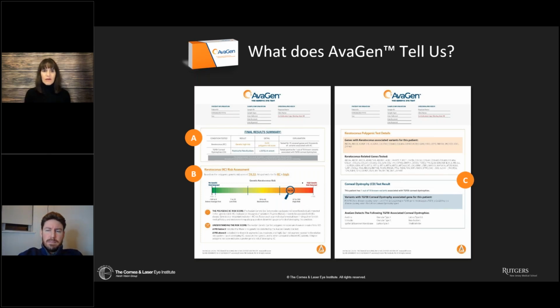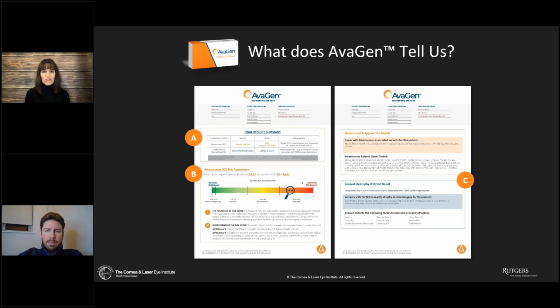So here you can see the risk assessment, and this is really helpful. It gives a number, it gives a score. And as you can see on the right-hand side, it also lists all the genes that are associated with keratoconus, which is quite helpful. It's important to know that this is checking specifically for these conditions. It is not a genetic test that is going to test for all other conditions.